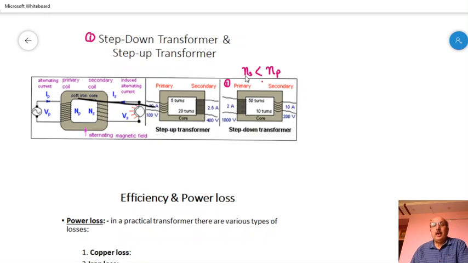If Ns is less than Np, then we have Es by Ep equal to Ns by Np. So Es will be less than Ep. So the voltage will step down.